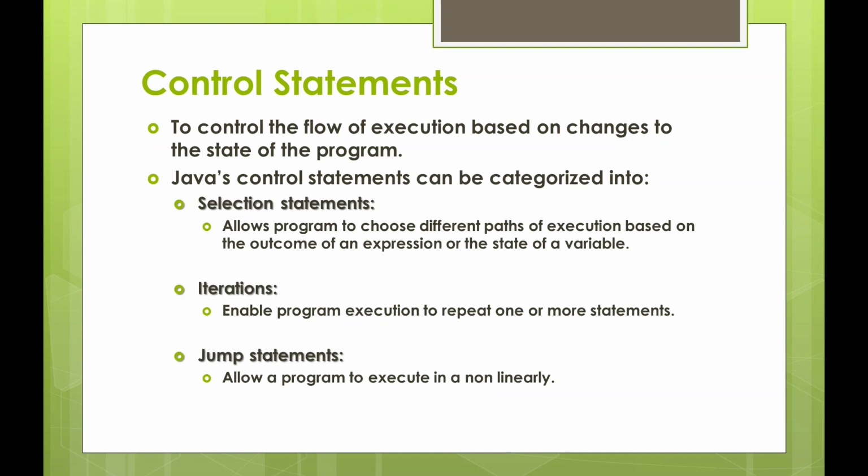Selection statements provide a different path of execution based on some conditions, some condition of an expression or the state of a variable. It need not be Boolean; it can be an integer or some other value. We will see what all those are.